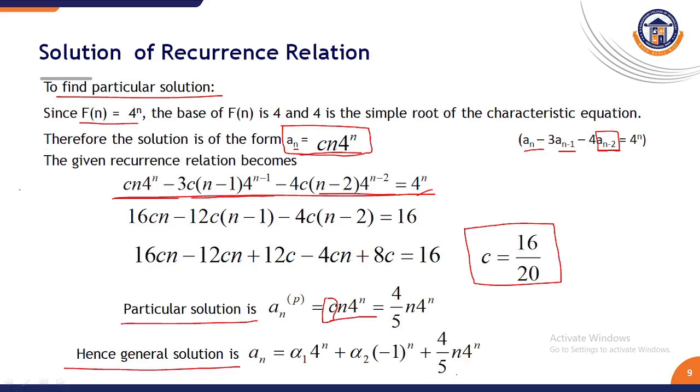That means a n equal to alpha 1 into 4 power n plus alpha 2 into minus 1 whole power n plus 4 by 5 into n into 4 power n. Here the initial conditions are not given, so we cannot calculate the values of these constants.